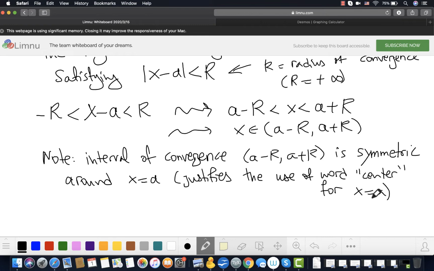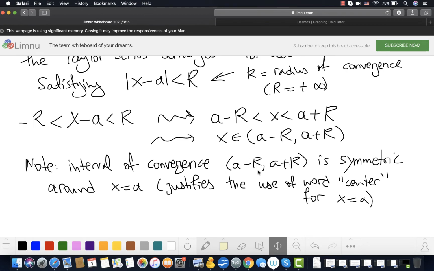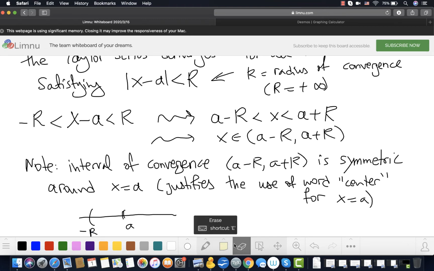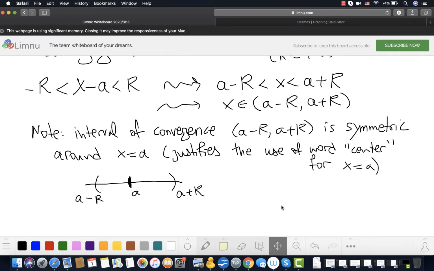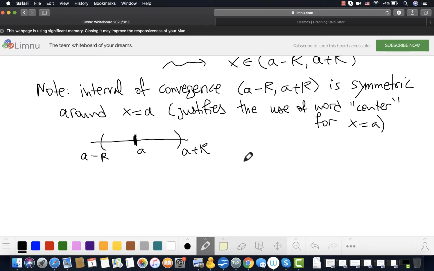That's because if you look at a minus r and a plus r, a is exactly in the middle. You have this interval, a is here, and you have a minus r here because you subtracted r from it, and then you add r to it, you get a plus r. So being on this interval from a minus r to a plus r means a is exactly in the center.